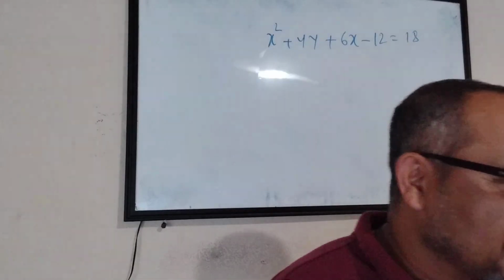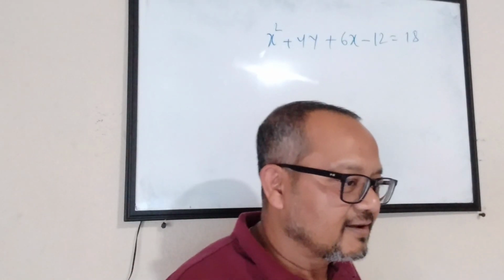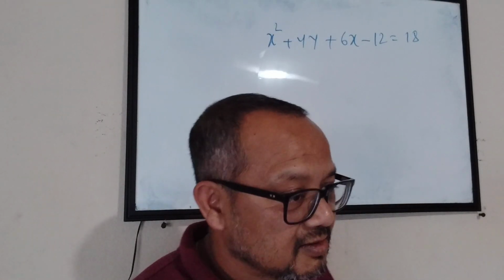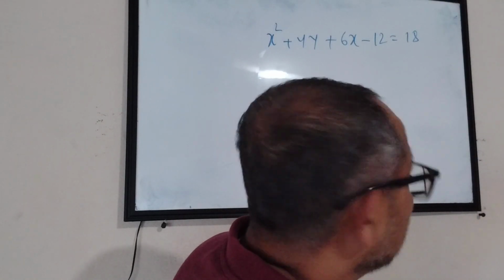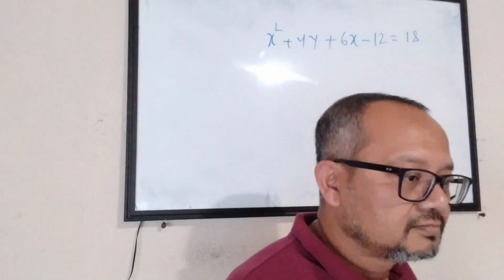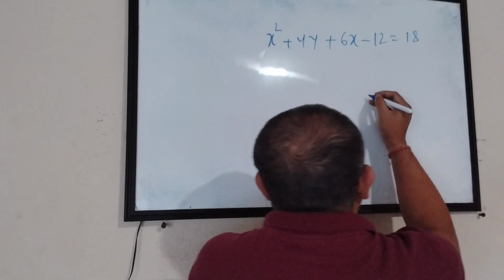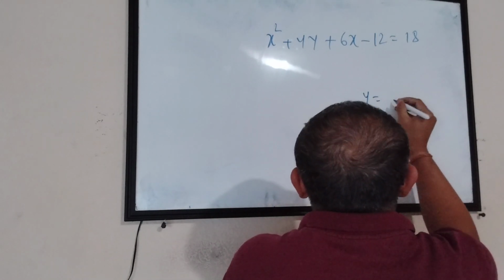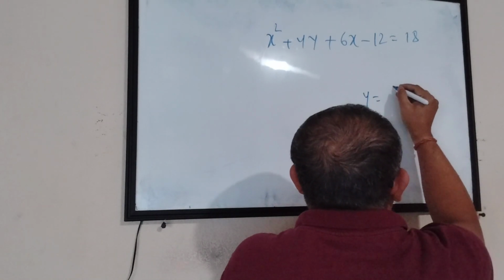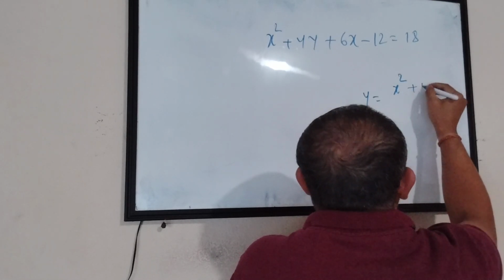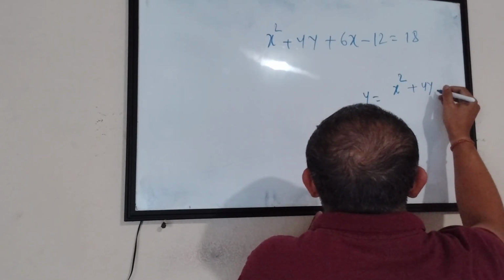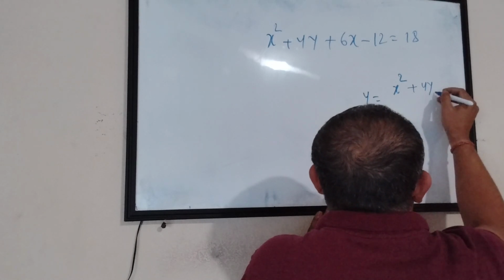Yeah, Pranav. Is it y equals x to the power of 2 plus 4y plus 6x subtracted by 12? Read it for me one more time. Y equals x to the power of 2 plus 4y plus 6x.